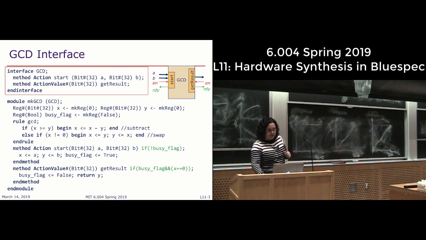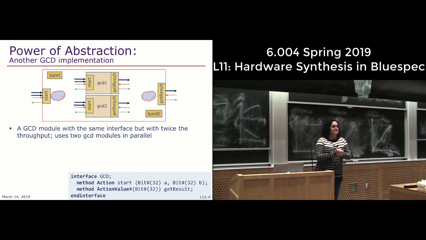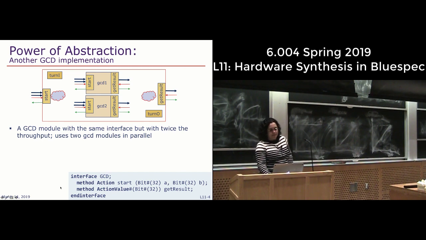All right, so now suppose that I want to make a better GCD module, and I want to use the same interface that my original GCD has. So it has the same two methods, a start method, which receives inputs A and B, and a getResult method, which will produce a 32-bit value.